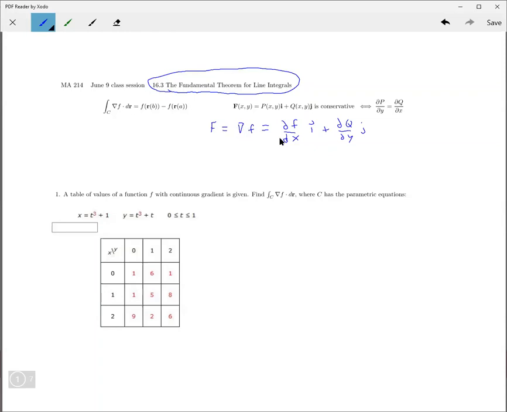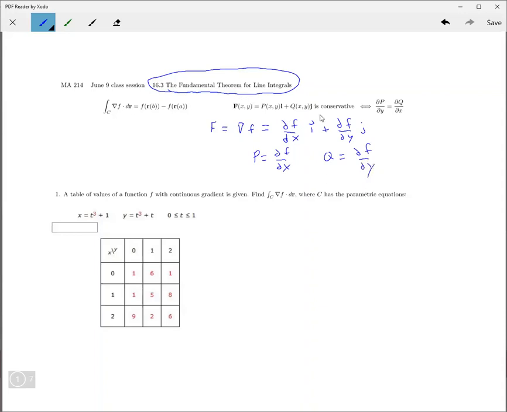Okay, and this basically is the partial of f with respect to x. And then the q part, wait, this should be an f here, sorry about that. Then the q part is the partial of f with respect to y.